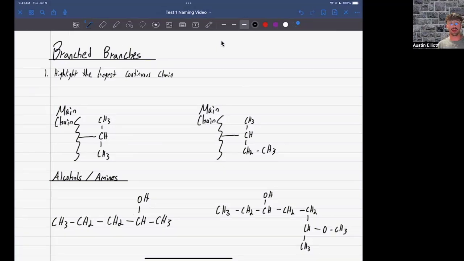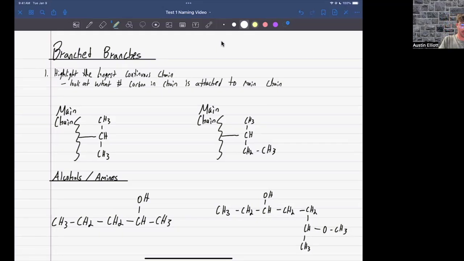And then after that, you want to look at what carbon in that chain is attached to the parent or main chain. So I'm gonna do a little practice with this. So here we have a 3 carbon chain, and this is pretty simple. It's in a straight line right there.